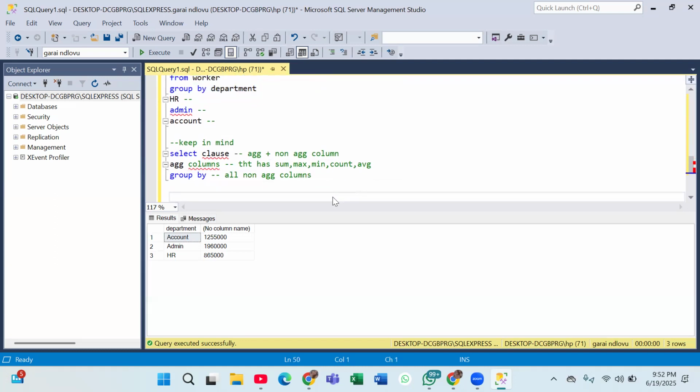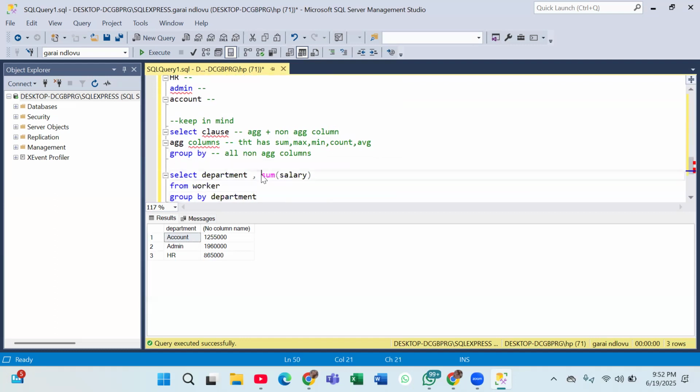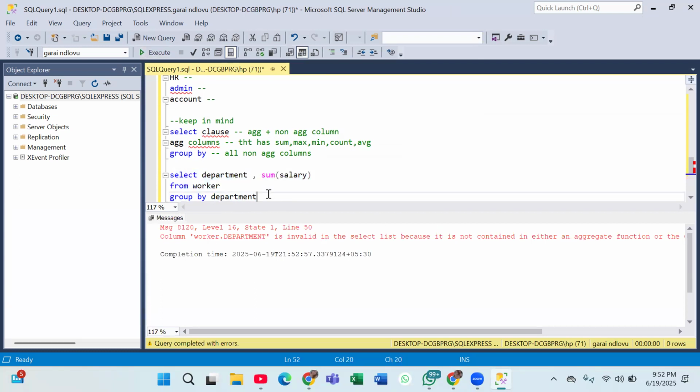In this example also, you can see that this is your aggregate column. With that, I am using a non-aggregate column. So group by will be compulsory, and in group by you will add all non-aggregate columns. If you use it without group by, then you will get an error. Here you can see that. Is this clear?